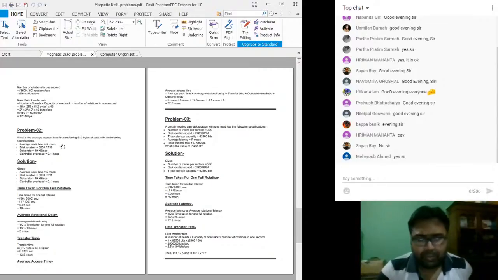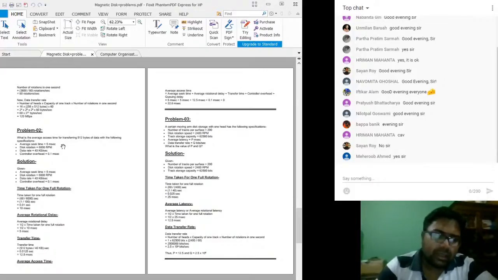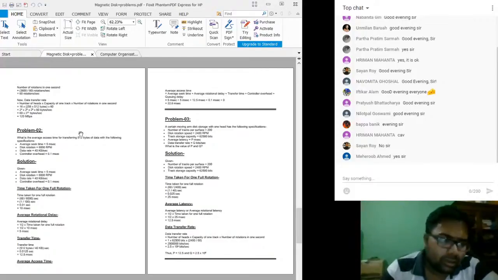Please remember this while solving problems, whether rotation is given in rpm or in rotations per second. This is very important. Sometimes if you miss this particular point, your entire sum will be wrong. So keep this in mind.